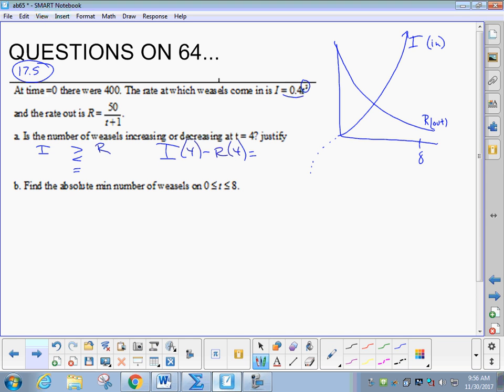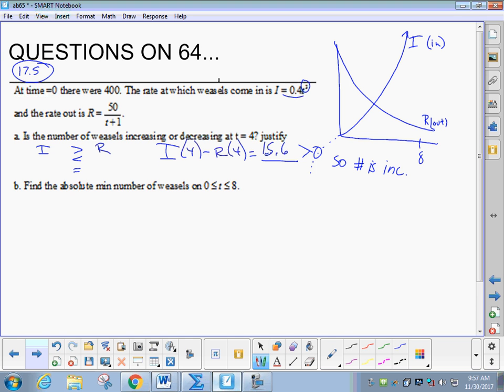I had some evidence. I can't remember what this totals out, but I believe it was 15.6, thank you. The in versus out rate is 15.6, which is greater than 0. So the number of weasels is increasing.